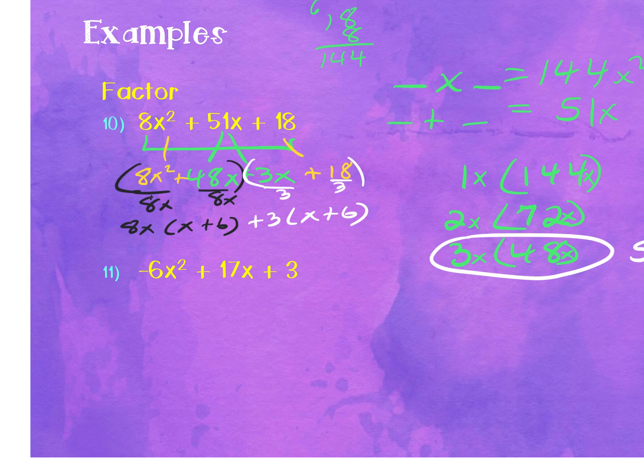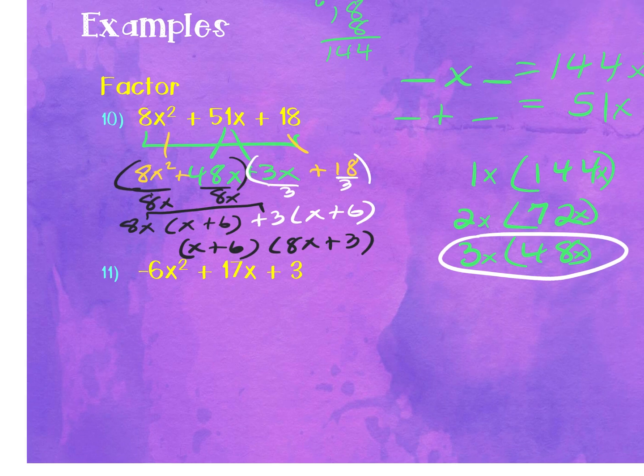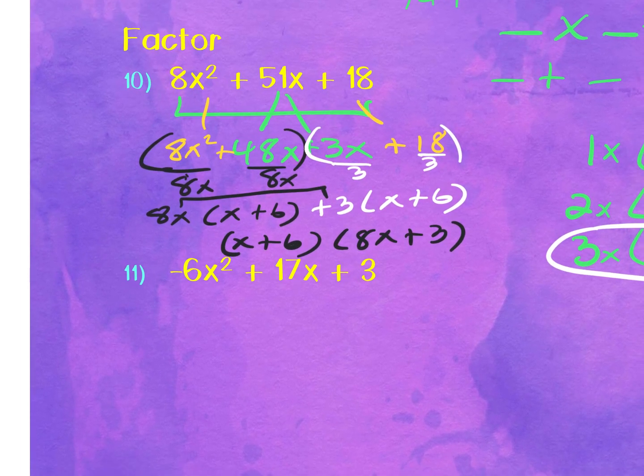And now notice what remained in the parentheses was the same. So write the x plus 6 along with the two GCFs that you divided by for the second binomial. So x plus 6 in the first binomial and 8x plus 3. Again, you could put the 8x plus 3 first and the x plus 6 second.